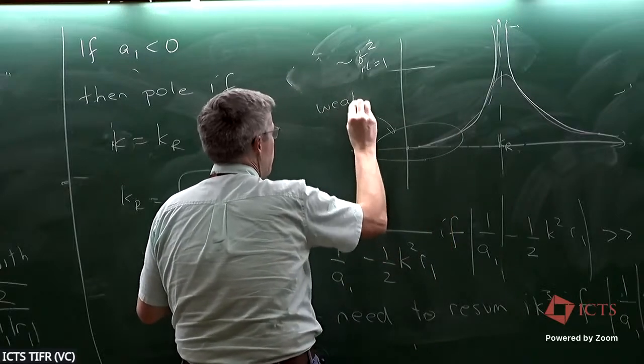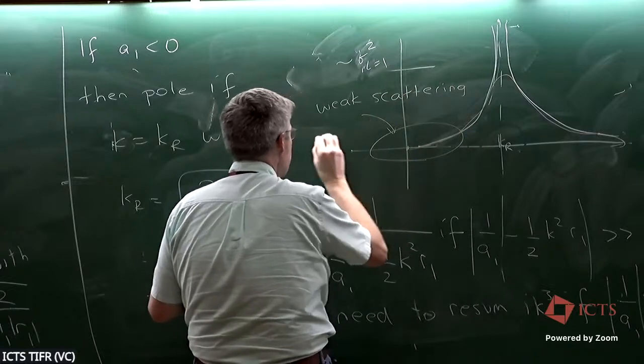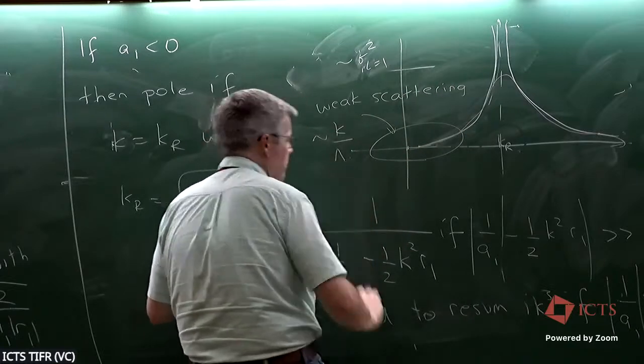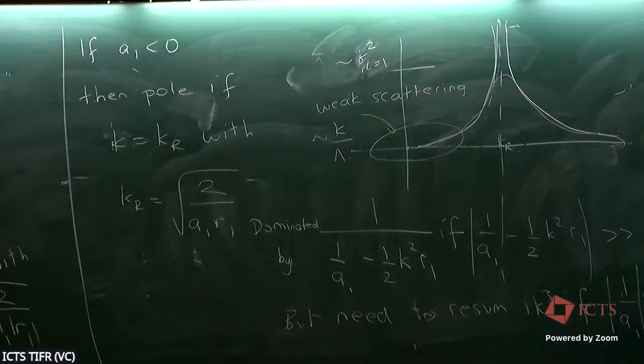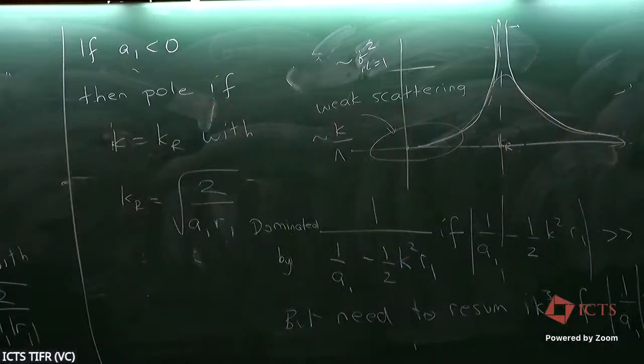It's not as weak as if things were fully perturbative in the P waves, but it is of order k divided by lambda. But there is a place where the scattering becomes strong, and that's the place where the resonance occurs. And when that happens, you have to resum the unitarity corrections.